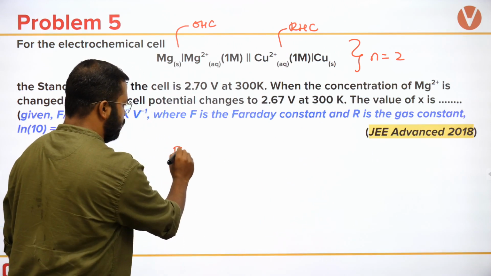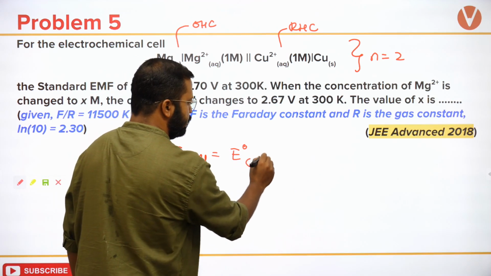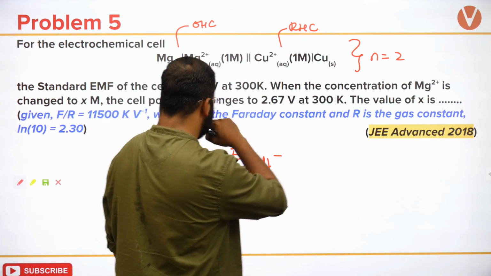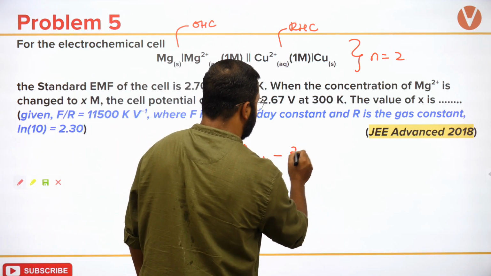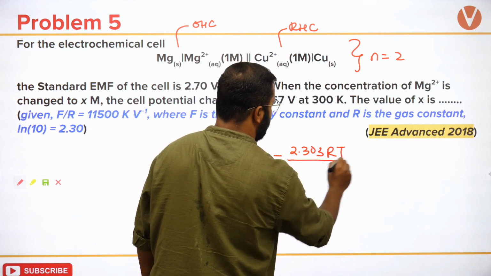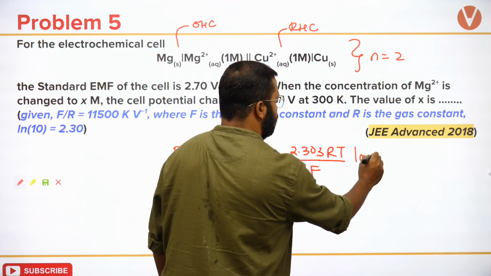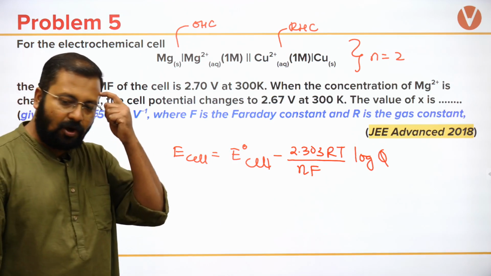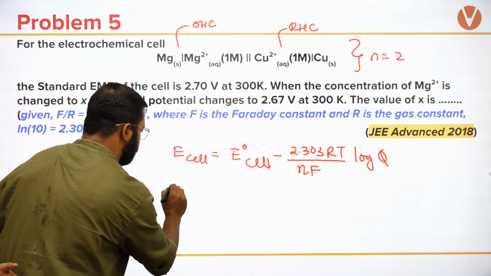I will use this equation: E cell is equal to E naught cell minus 2.303 RT by NF log Q. E cell is given as 2.67.